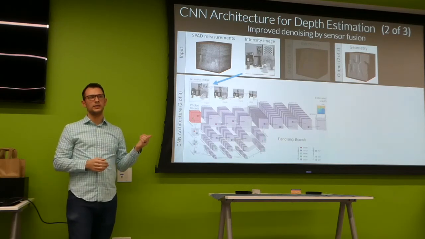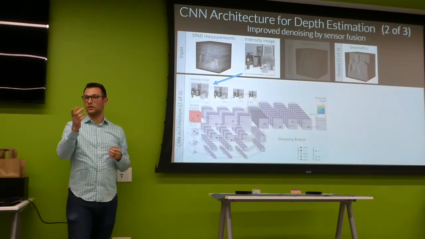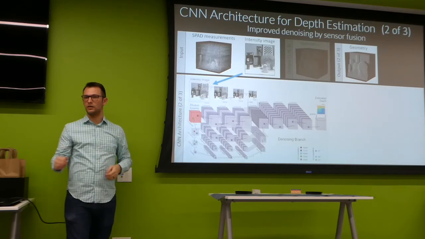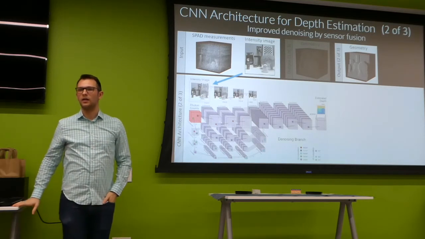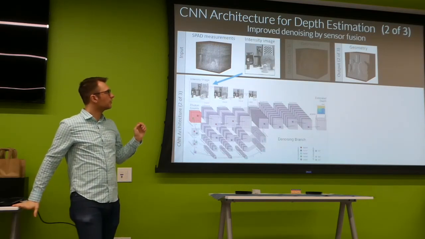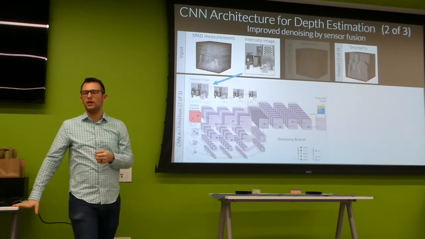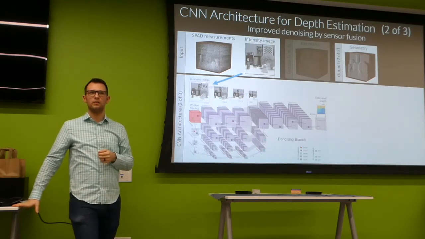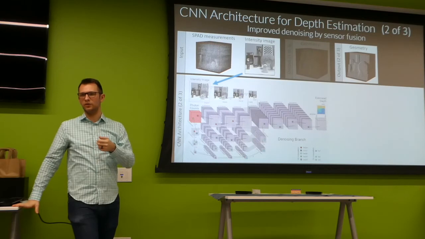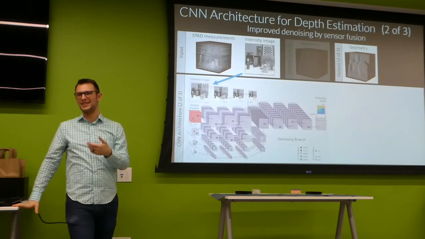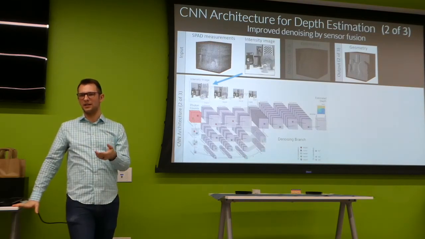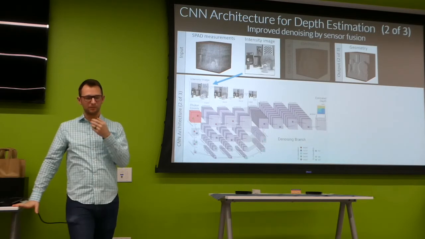And we trained it on... Your ground truth is a point cloud? Yeah, so we trained this on the NYU V2 data set. This is a data set of RGBD images captured with a Kinect sensor.